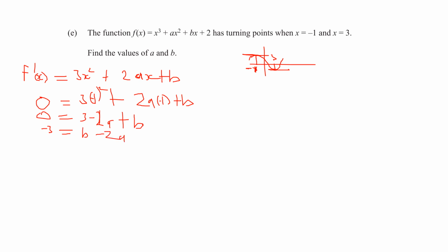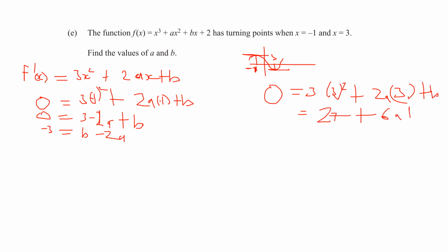Then we'll do the same and find out what equation we get when x is equal to 3. So that's going to be 0 is equal to 3 times 3 squared plus 2a multiplied by 3 plus b, so it's going to be equal to 27 plus 6a plus b.